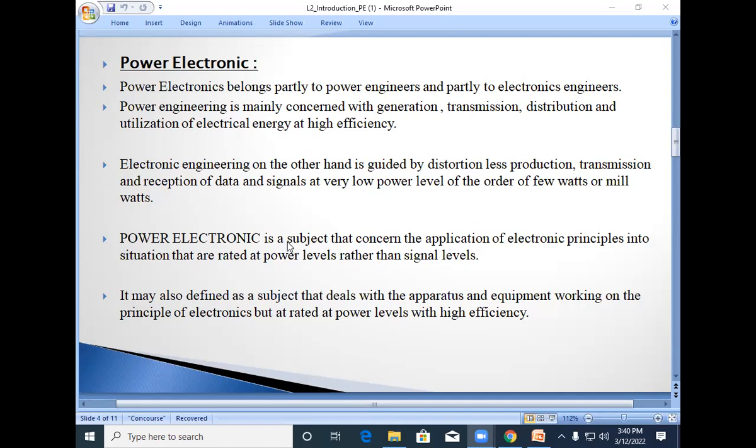Power engineering is mainly concerned with the generation, transmission, distribution, and utilization of electrical energy at high efficiency.